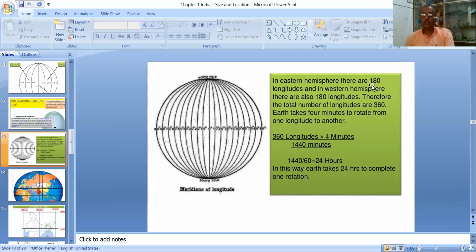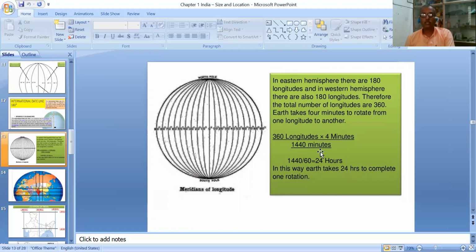There are 180 longitudes on west and east, 180, total 360 longitudes. If you multiply that by 4 minutes, nearly 1440 minutes it takes. 1 minute equals 60 seconds.